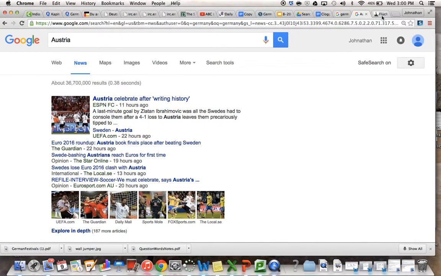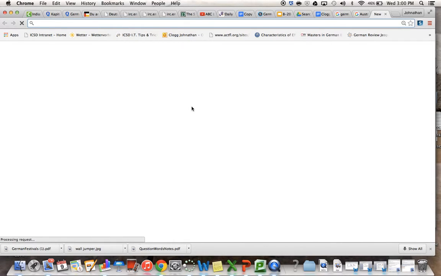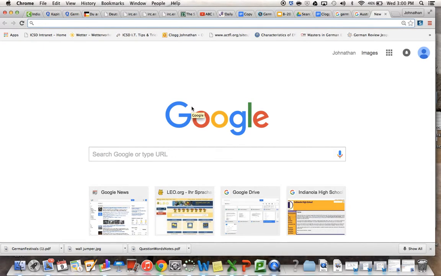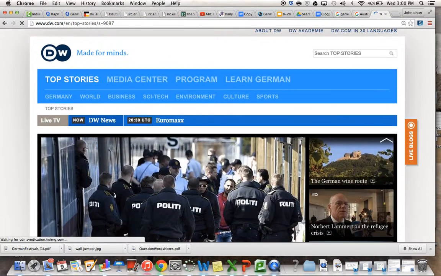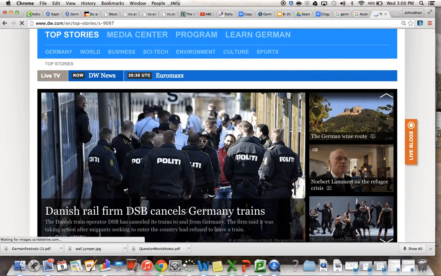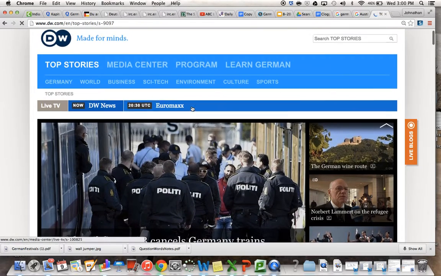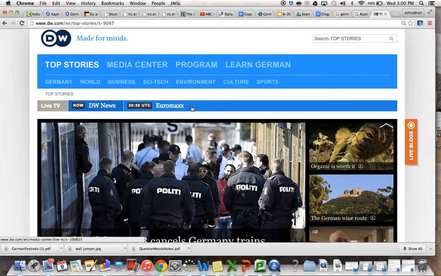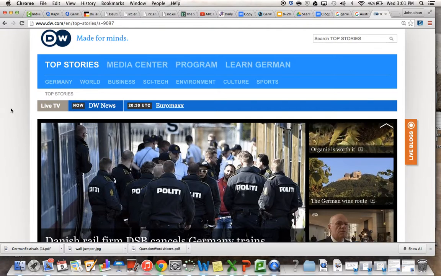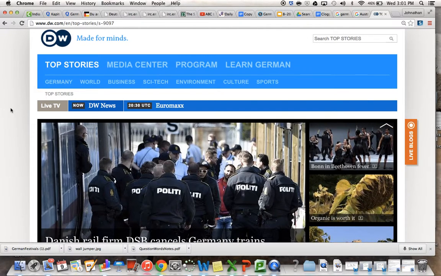Then I'd ask students to switch gears real quick and open a new browser tab and go to dw.de. At this site, they're able to see news from the Deutsche Welle. This is a site that's produced partially by the German government. There's a news organization.